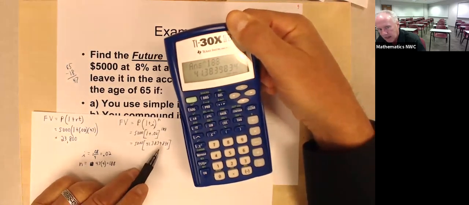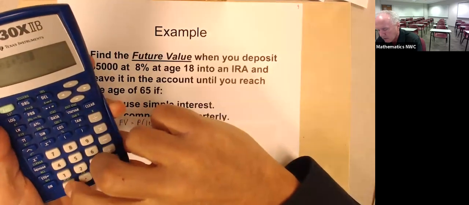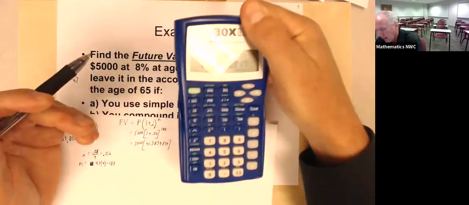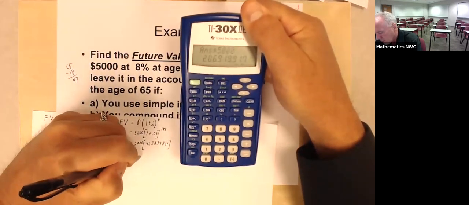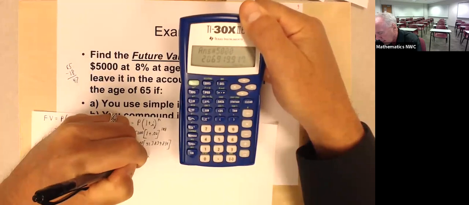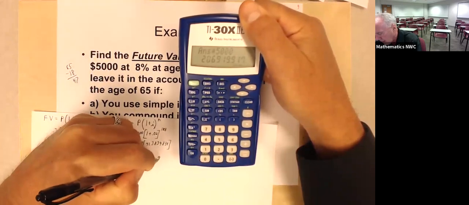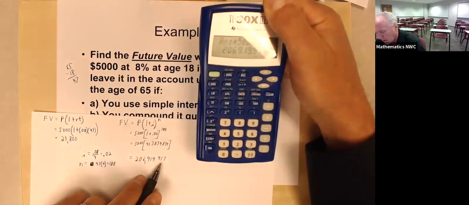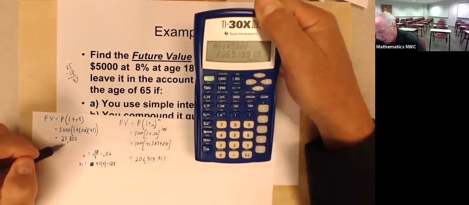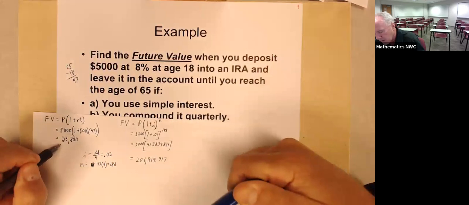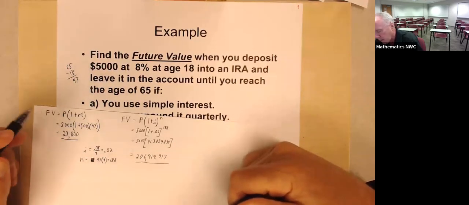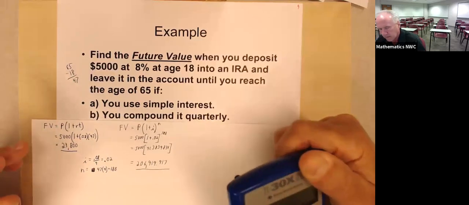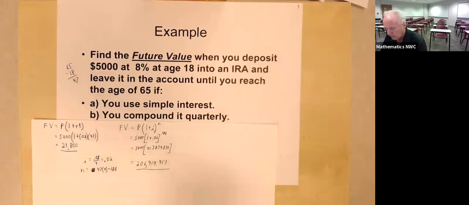I'm going to be taking that answer times 5,000. So now I would go times 5,000, enter, and I would have my answer. It would be, in this case, 206,919.917, which we would round off to 92 cents. Look at the difference here. This was the future value with simple interest. This is the future value compounded quarterly. Huge difference there.